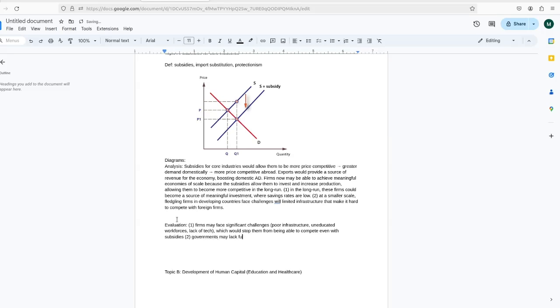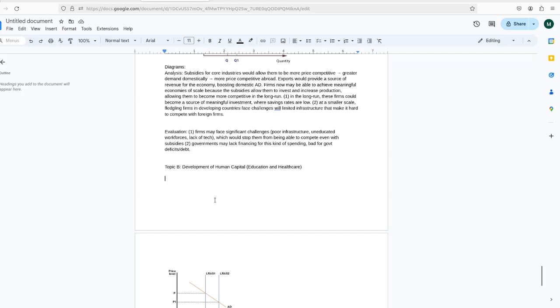And another drawback maybe is governments may lack financing for this kind of spending, so bad for government deficits/debt. Right, so this again, it's sort of macroeconomic objectives trade-offs that we can bring in for the evaluation to argue, well, maybe subsidies aren't actually the greatest idea in the world.